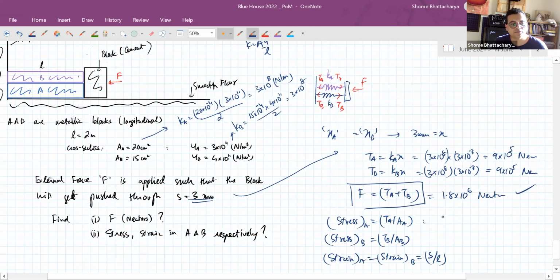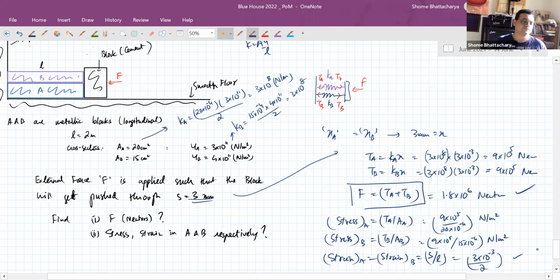And accordingly, you can calculate the stress in each, with the strain.